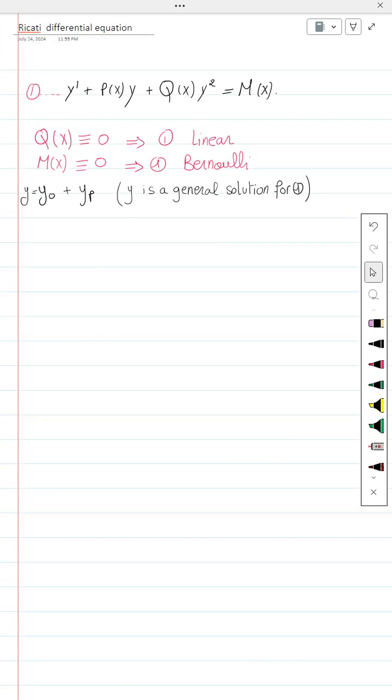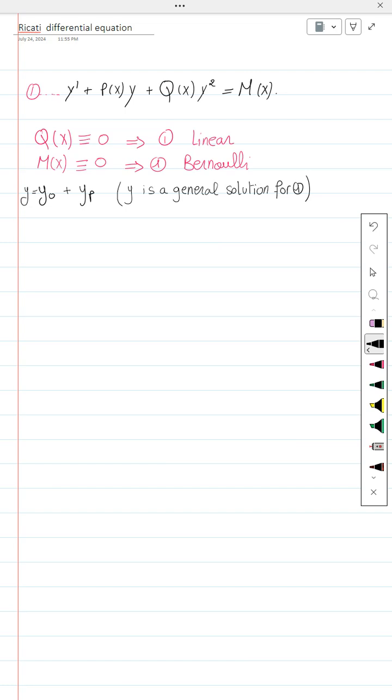We can easily prove that if y0 is a solution and yp is a solution, their sum is going to be a solution also for our equation. I'm not going to do that in this video. We are just going to learn the method of how to solve this kind of differential equation.